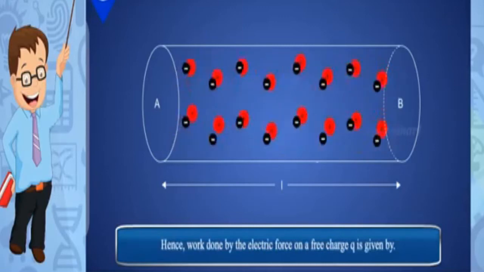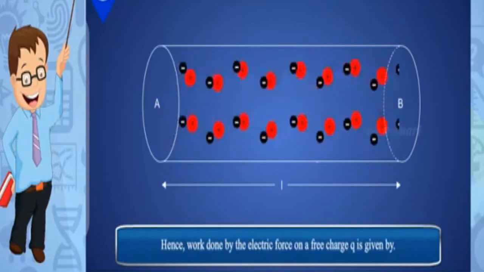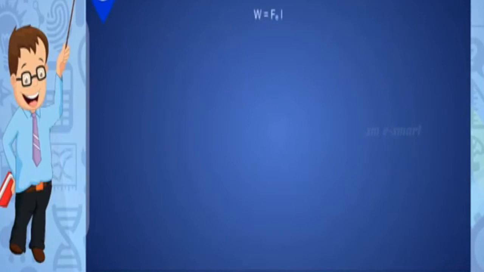Hence, work done by the electric force on a free charge Q is given by W equals Fe × L. Work done by the electric force on unit charge equals W by Q, which equals Fe × L by Q.